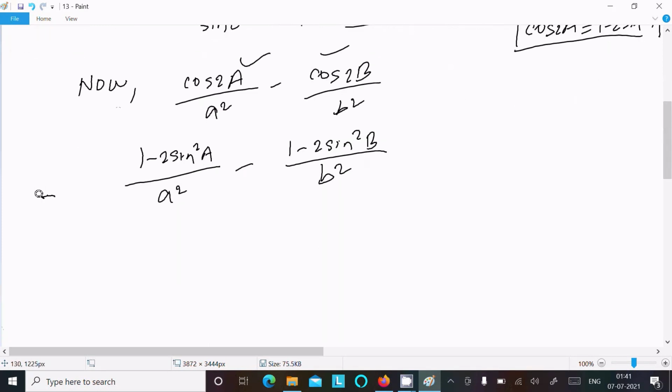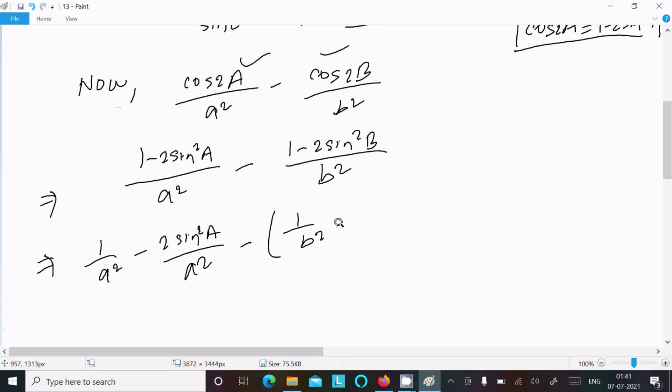Now separating this all, 1 minus 2 sine square A divided by A square, minus 1 by B square, and 2 sine square B divided by B square.